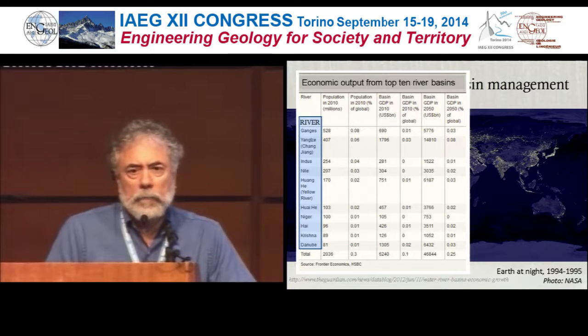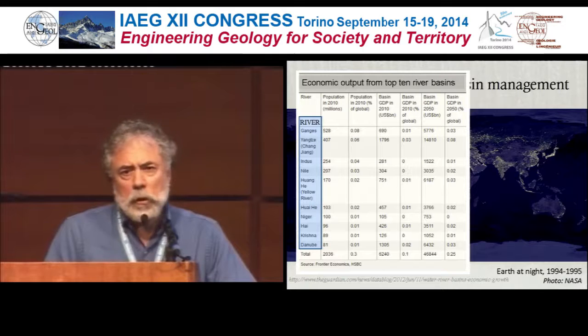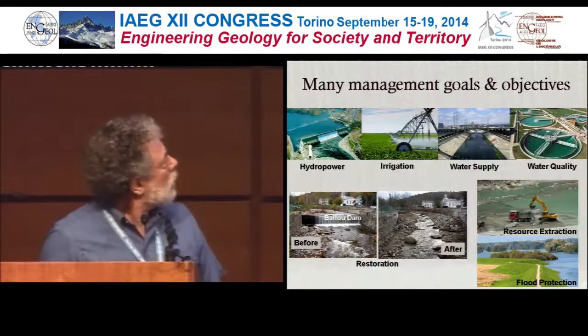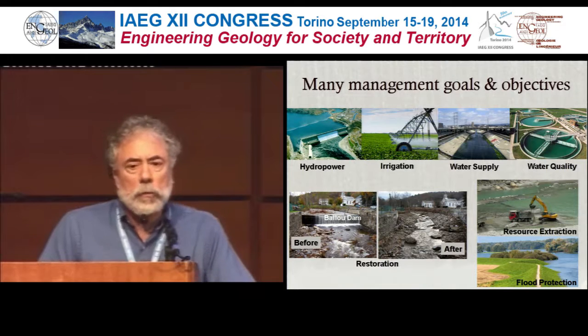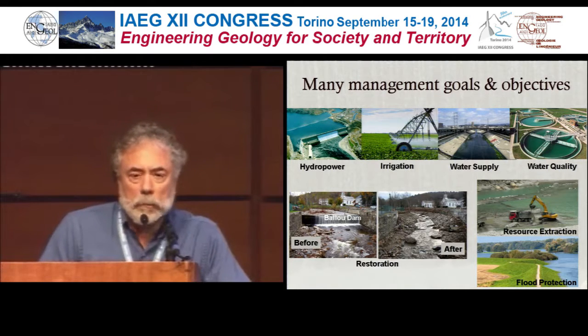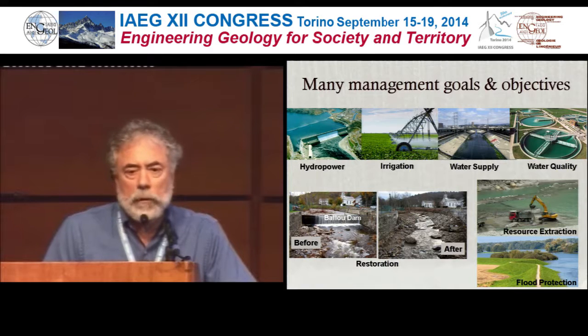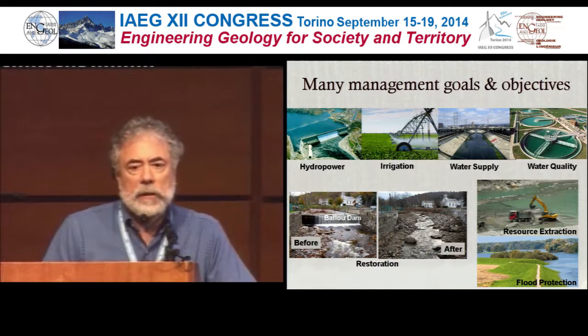They include a variety of objectives and goals and human needs, everything from irrigation to agricultural withdrawals to municipal water, water for industry, water for hydropower, and what these give us, of course, along with other direct resource extraction in the form of things like gravel, and also the newly emerged objective of restoring rivers for a variety of purposes, including endangered species, water quality, and even just the aesthetics of large rivers.